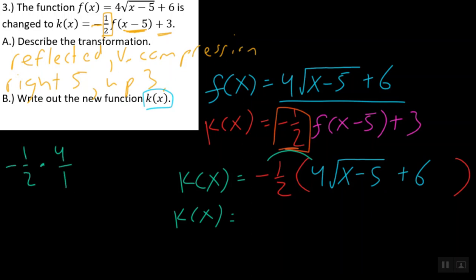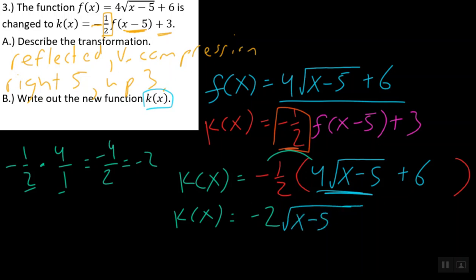I can write it as 4/1. And -1 times 4 is -4 over 2 times 1 is 2 is equal to -2. I know that the inside of my function does not change, and so I have the square root of x minus 5. But notice, because I have that minus 5 on the inside of the function, I leave a space underneath the square root.